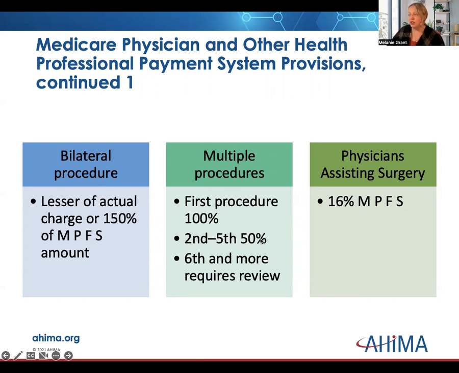Likewise, multiple procedures will always receive a reduction of payment on the second through fifth procedure, and any additional procedure past the 6 or more will trigger Medicare to do a review and see why you did so many procedures in an outpatient setting.